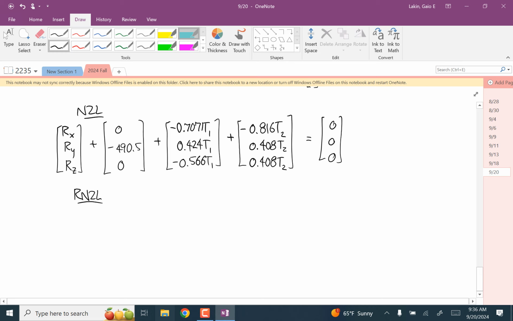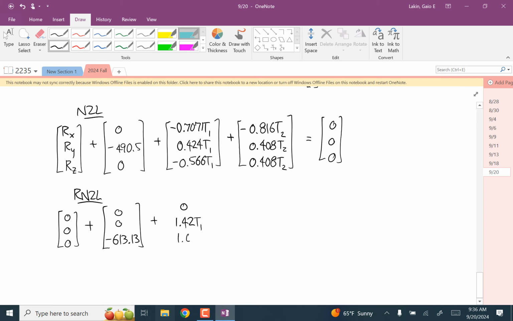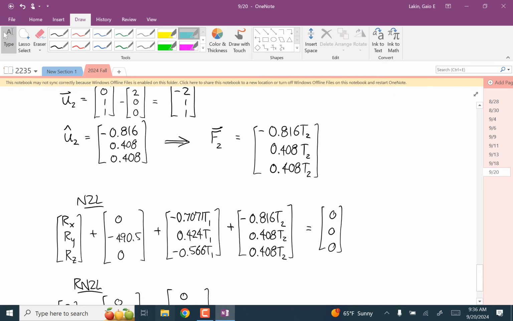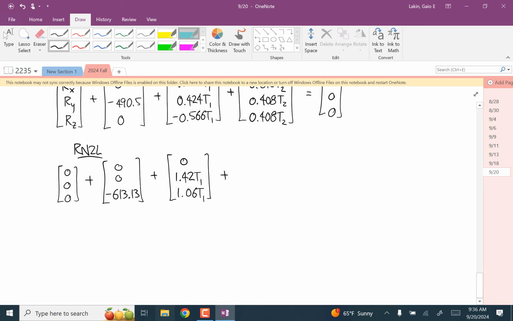And then the moment equation says 0, 0, 0 plus 0, 0, negative 613.13 plus 0, 1.42 T1, 1.06 T1, plus 0, negative 0.816 T2, positive 0.816 T2 is equal to 0, 0, 0.